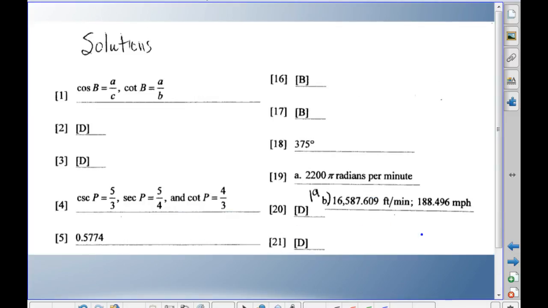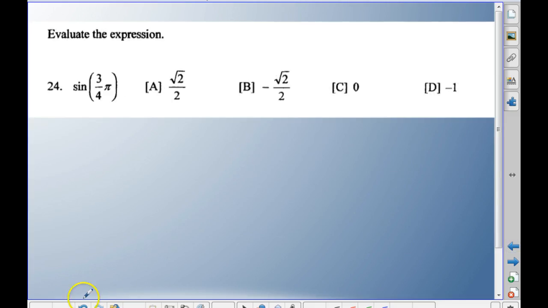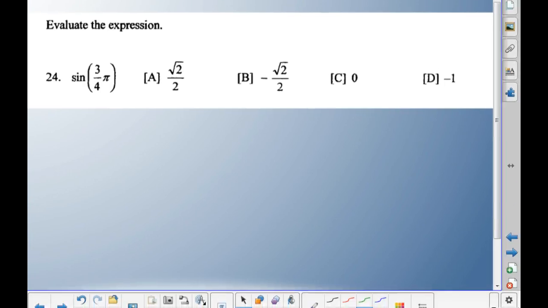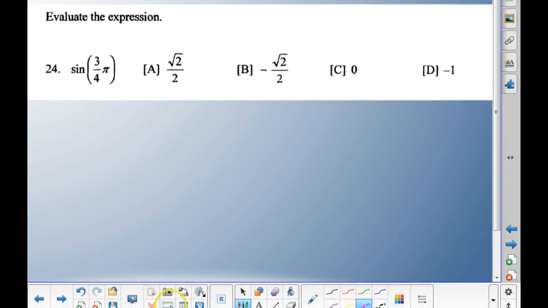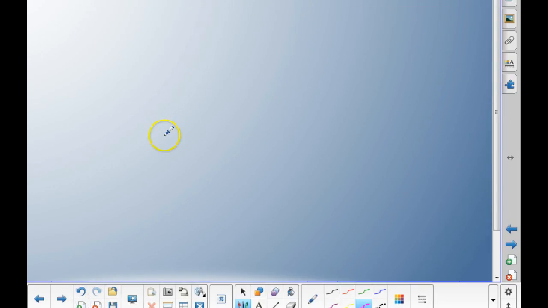Okay, back up. I gotta move this out of the way. Do not use, oh, dang it, I think it's 26.